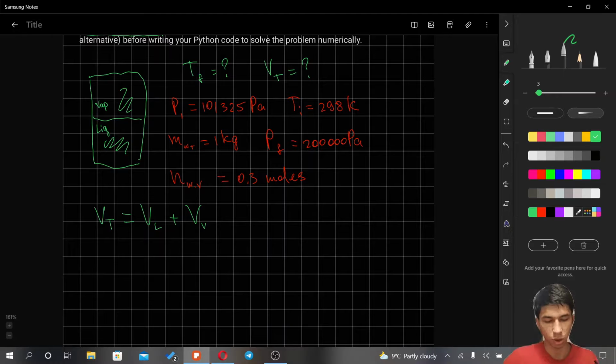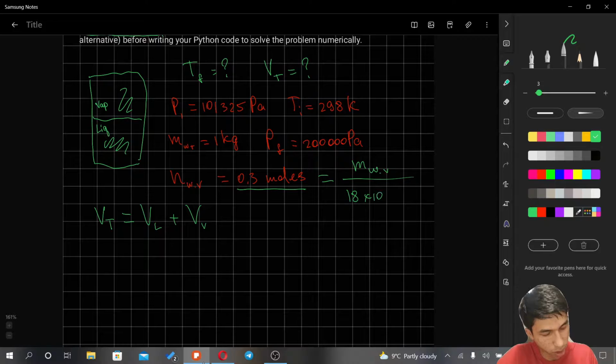We also know that these 0.3 moles equal the mass of water in vapor phase divided by 18 multiplied by 10 raised to the power minus 3 kilograms per mole, as we need it in SI units.